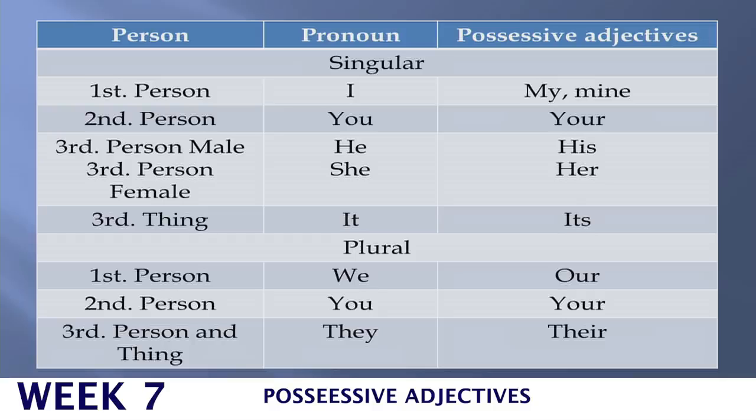For the second person, you, it would be your. For the third person male, it would be his. For the third person female, it would be her. And for the third thing, it would be its.